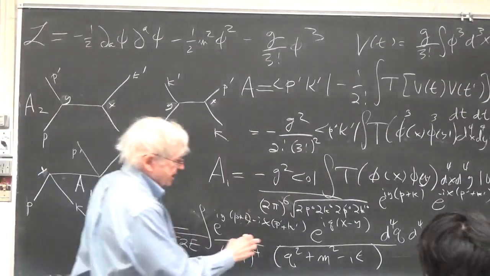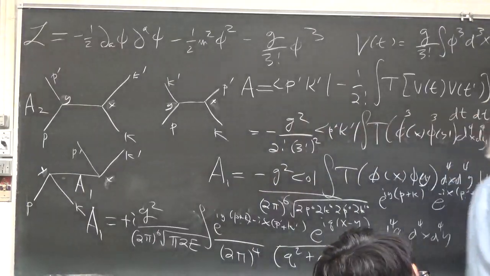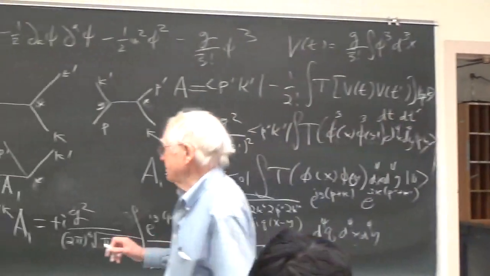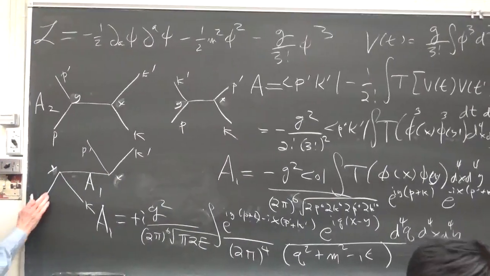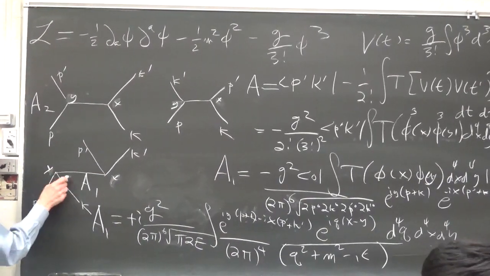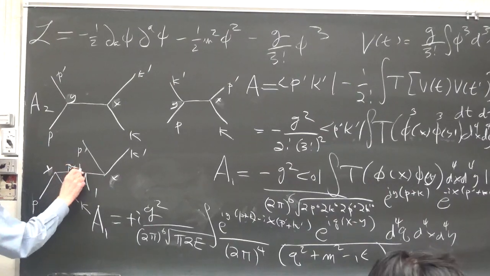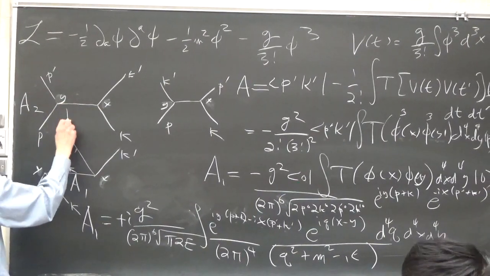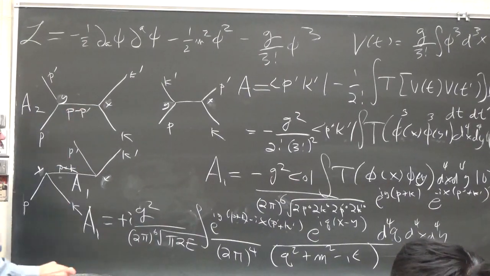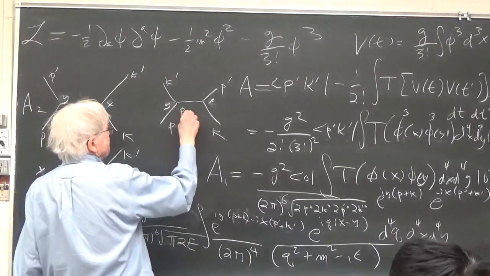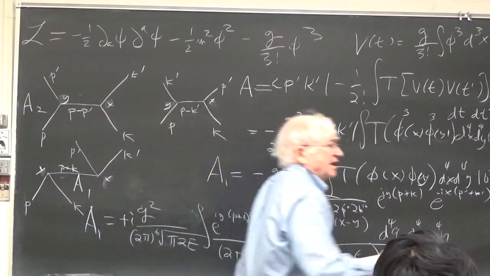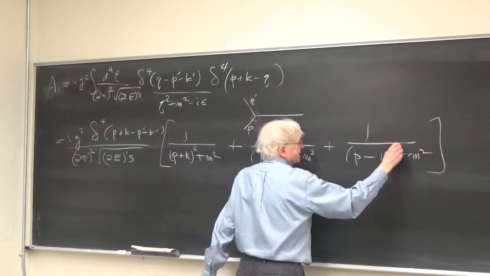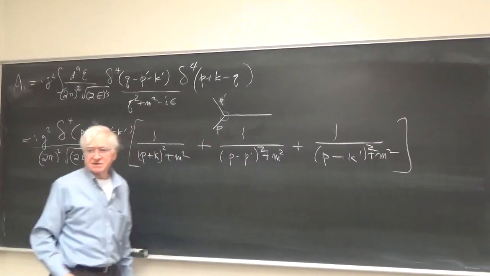And we see that one of the delta functions forced q to be p plus k. And so the way you look at this is you have momentum p going in, k going in, that's producing p plus k on this line. Here you have p going in, p prime going out, so this is p minus p prime. And over here it's p minus k prime. That's why you know that these are the other two terms.